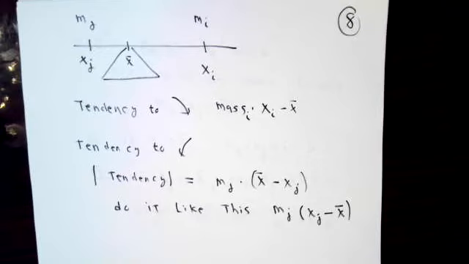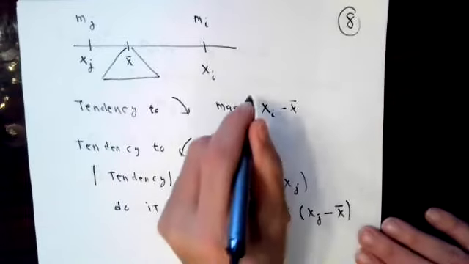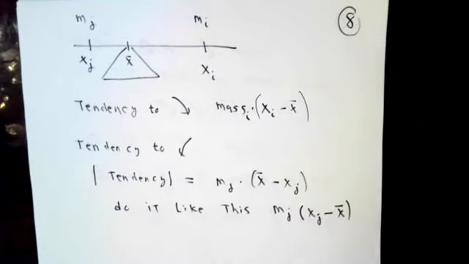So literally, not worrying for the moment about the direction, the contribution is going to be the mass times the distance from the location of that mass to the fulcrum that I'm trying to do. Notice that if I do it this way, if I do mass times coordinate minus fulcrum, things take care of themselves automatically.